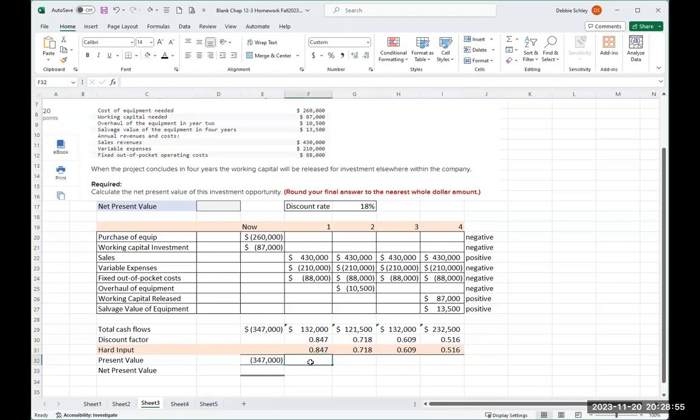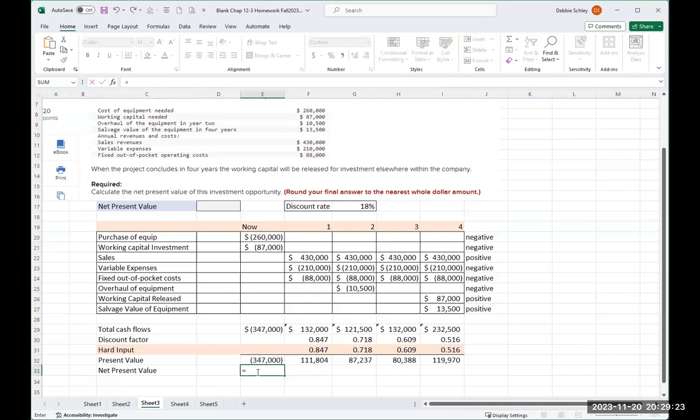Okay, so now present value, again, it's going to be that total that I figured out, multiplied by the discount factor, but make sure you reference the hard input, not the one with the formula. Then I can drag that across. Okay, so now I have each year's present value, but I need the net present value, which means sum these numbers.